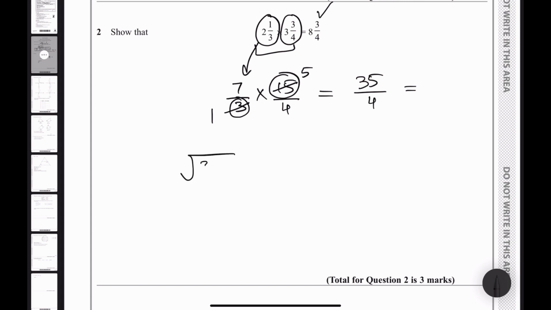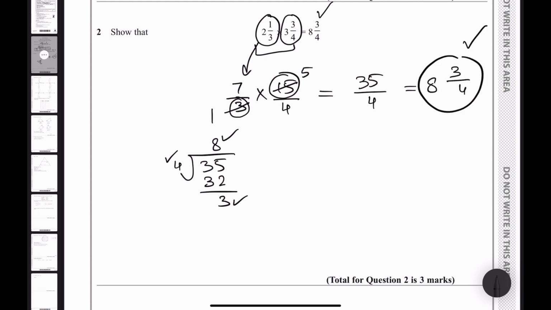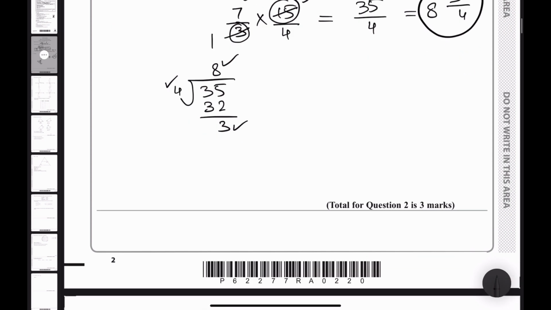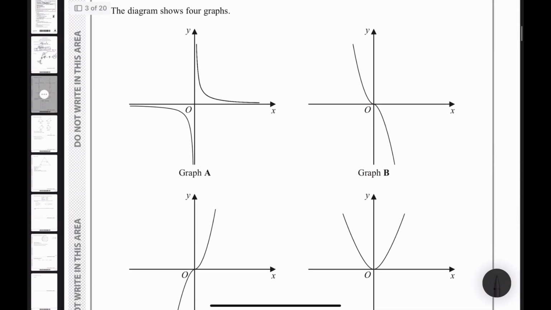I'll just divide. This is 35 over here, 4 here, and 4 times 8 makes 32. 35 minus 32 will become 3. So in the mixed fraction, that's the quotient, that's the remainder, and that's the divisor. So it'll become 8 whole number 3 over 4. That's done. Finish.